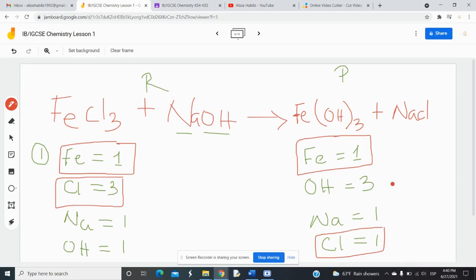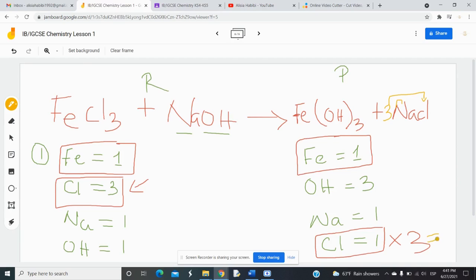So something has to happen so that instead of 1 for chlorine on the product side, it becomes 3. So it's equal to this number. What we can do basically is multiply by 3, which means that we're going to have to add 3 here in front of the NaCl, which makes the number of atoms of chlorine 3 and that of sodium also 3.